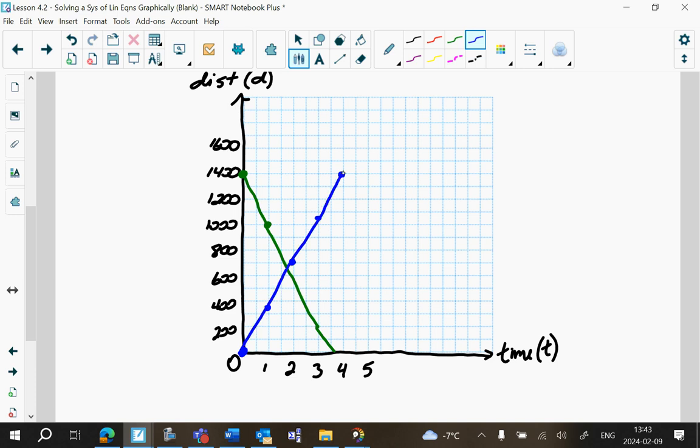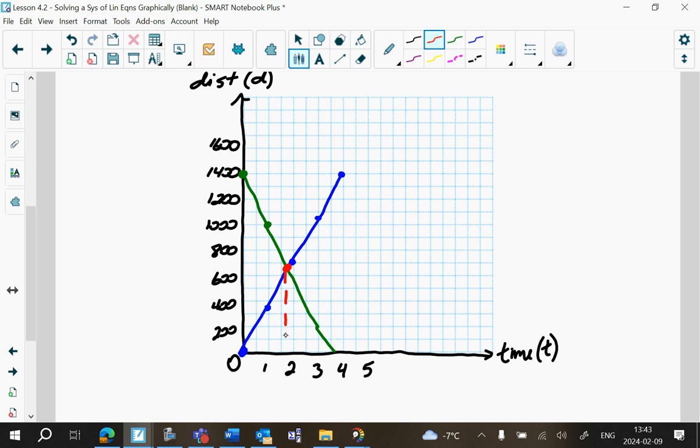And again, I'm not putting arrows on the end, and I'm stopping at 1400 because that's the length of the flight both ways. Well, I'm not going to get a nice clean answer. If you graphed as accurately as possible, what would we be approximately?